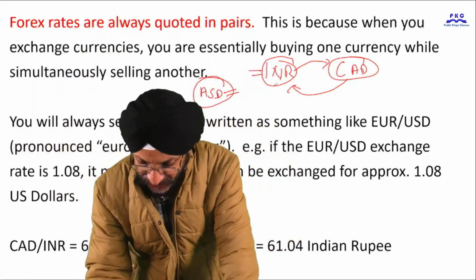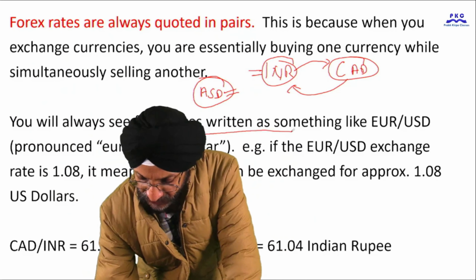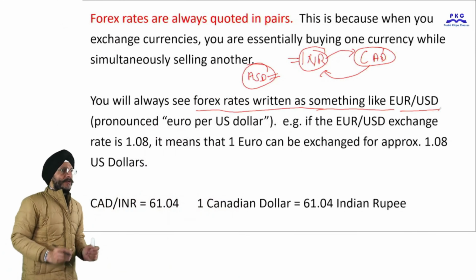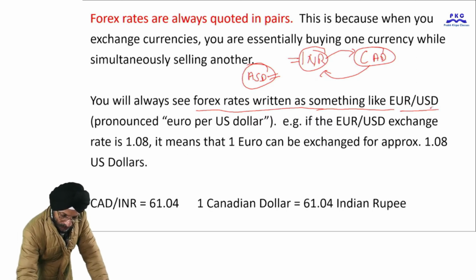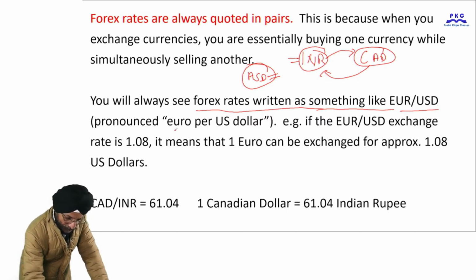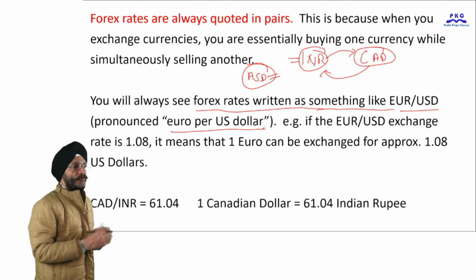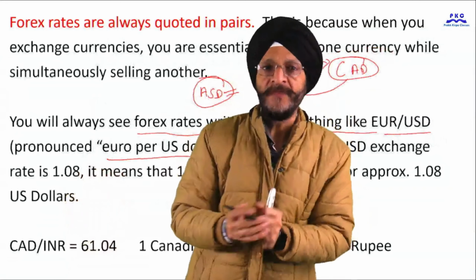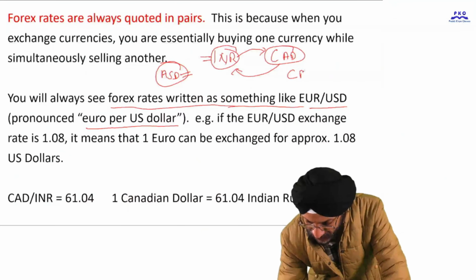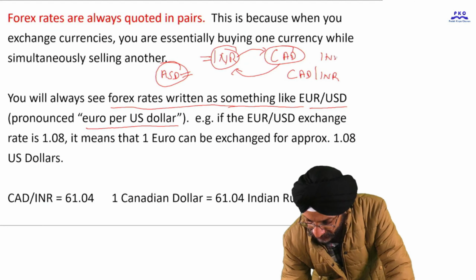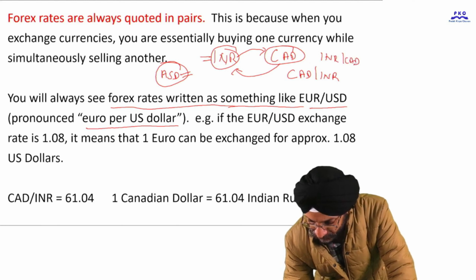You will always see forex rates written as something like this: EUR over USD, pronounced as euro per US dollar. We are simply giving an example. It can also be just like this, or it can be like this.